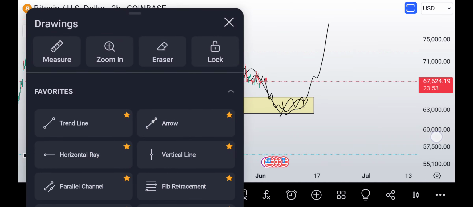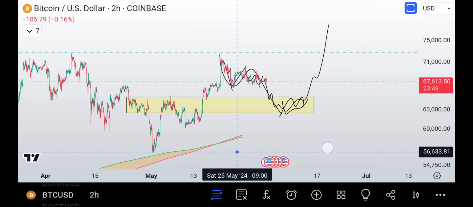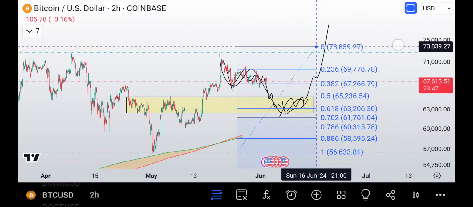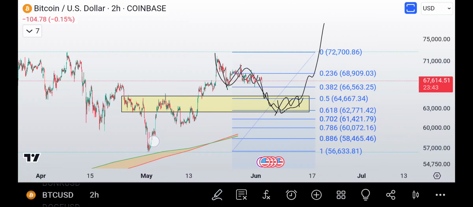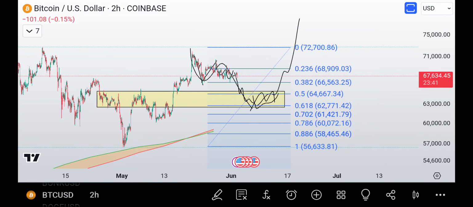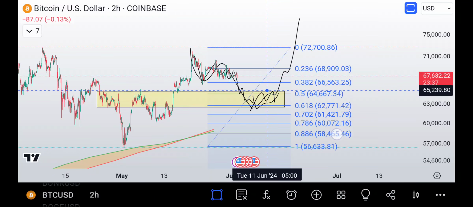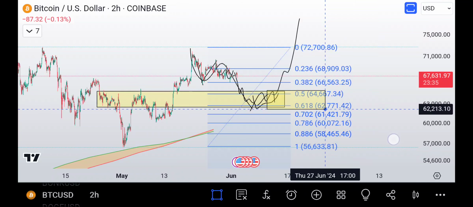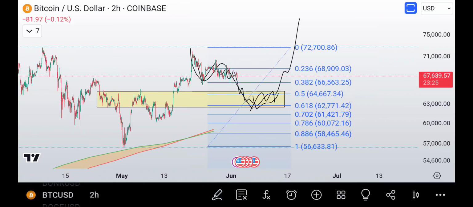So if we put the Fibonacci retracement up, we don't want to break below that 702. And look at that. So that comes in between the 50 and the 618. Essentially the golden ratio, right? That's the 50 and the 618, probably the most important, because of the retracement levels being hit.